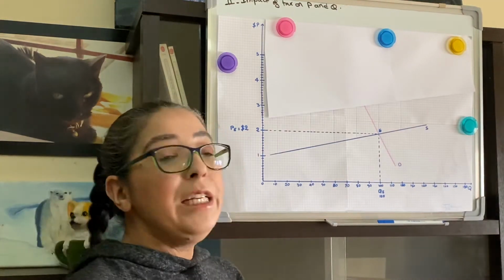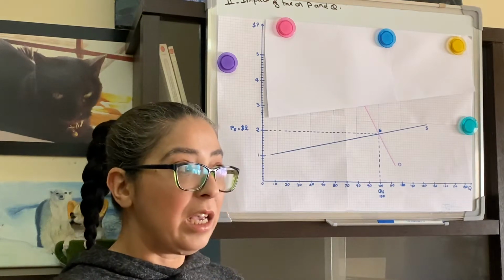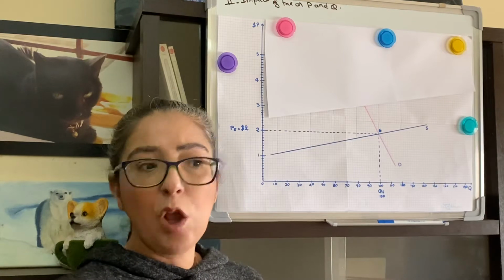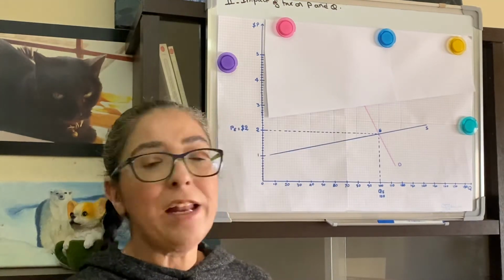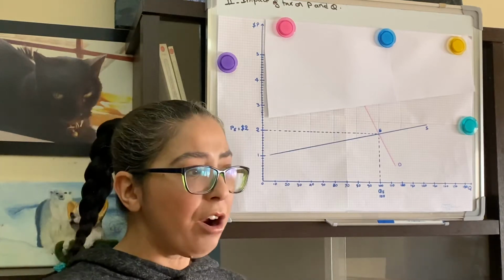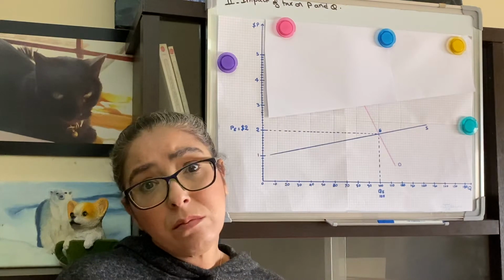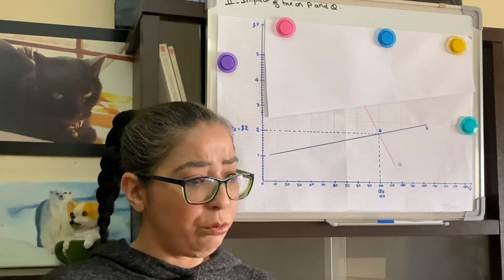Now the government comes and tells you, okay, now we're going to have a $2 tax. Who pays the tax? Normally people think it's the demand. The supplier is going to add 2 dirhams to the price. Whatever price it is, the supplier is adding $2.